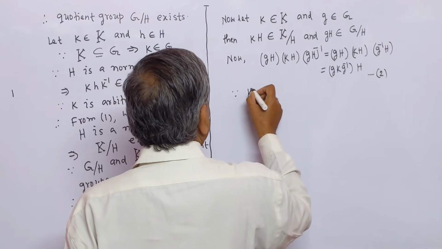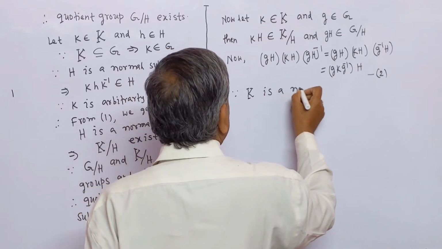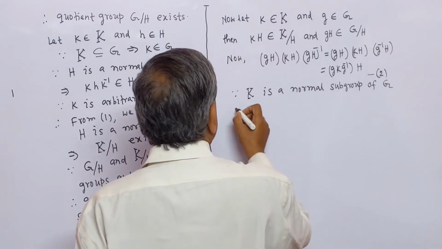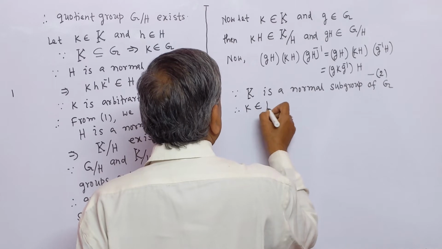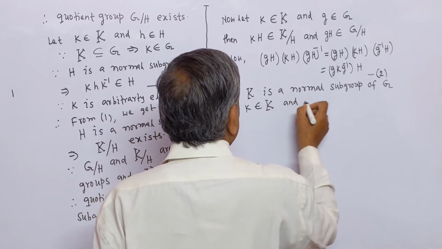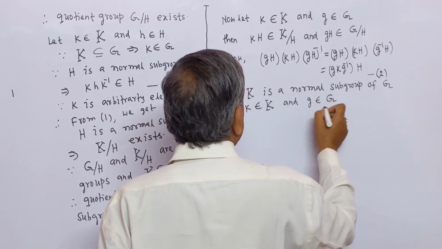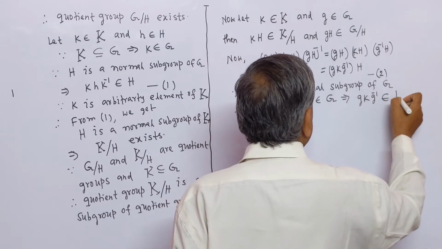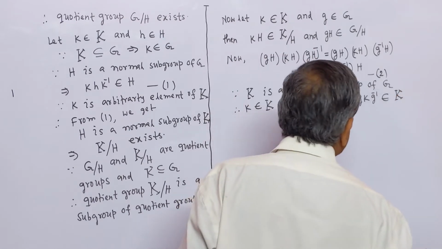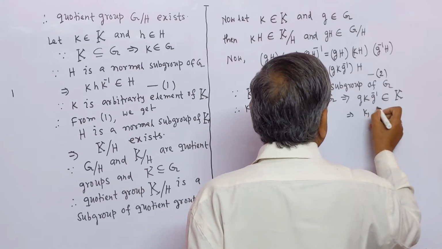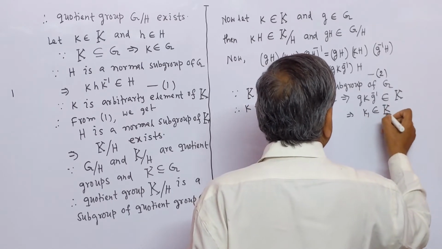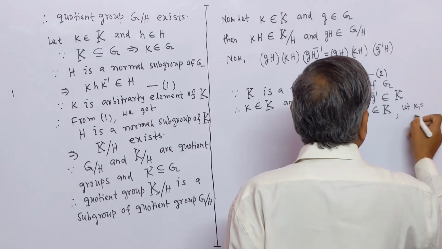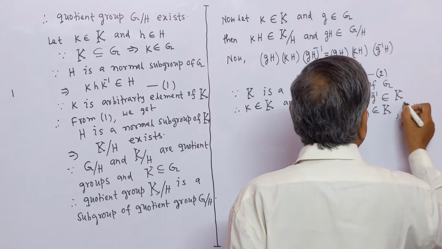Since capital K is a normal subgroup of G, therefore small k belongs to capital K and small g belongs to group G, implies that g k g inverse belongs to normal subgroup K. Let k1 equal g k g inverse.